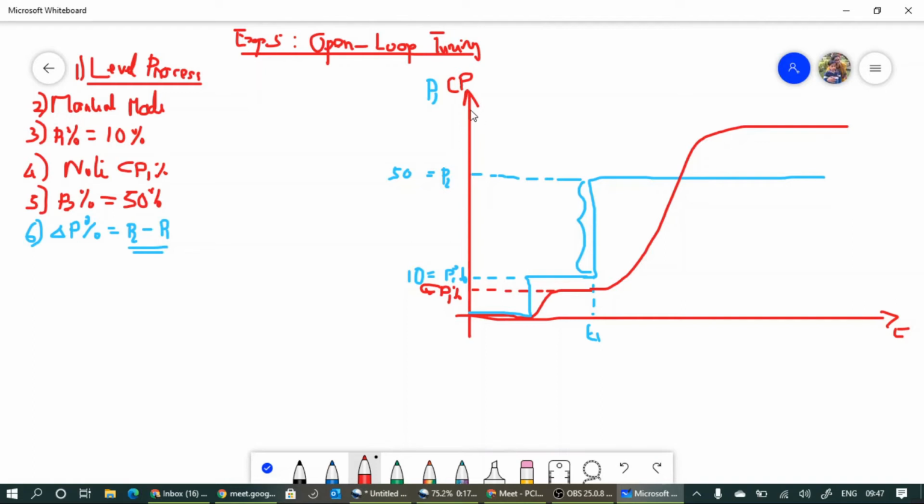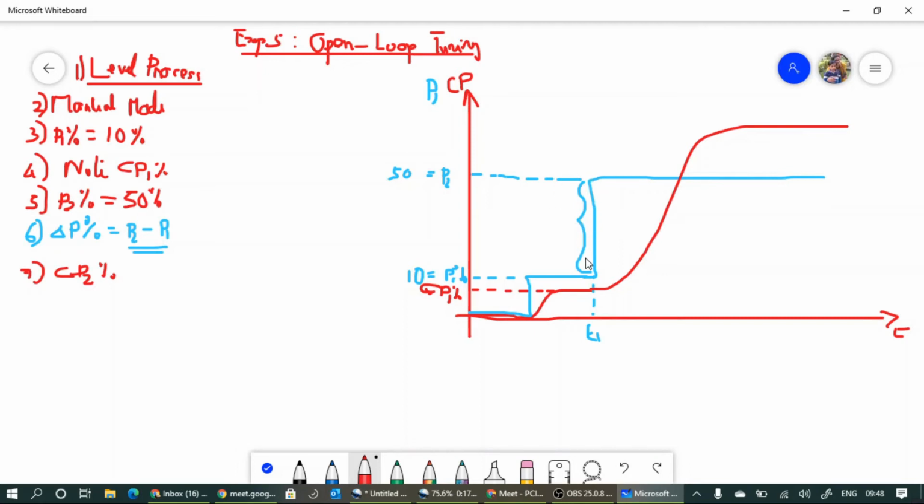That is the first thing you have to do. So the seventh step is to note down the new settled value, that is Cp2 in percentage. Please note Cp is the process variable, and Cp1 is the previous settled value corresponding to P1. Once it is settled, we give a step change from P1 to P2 in percentage.